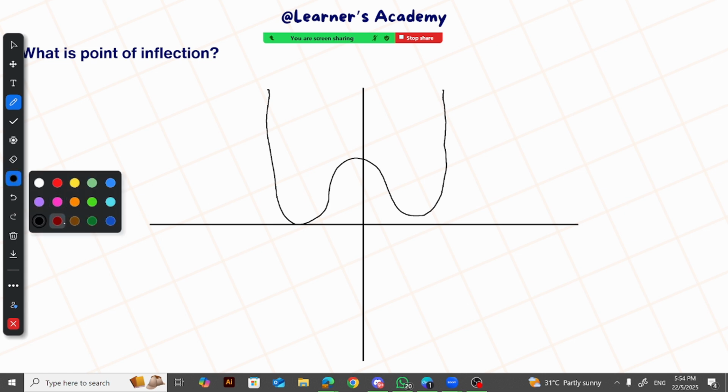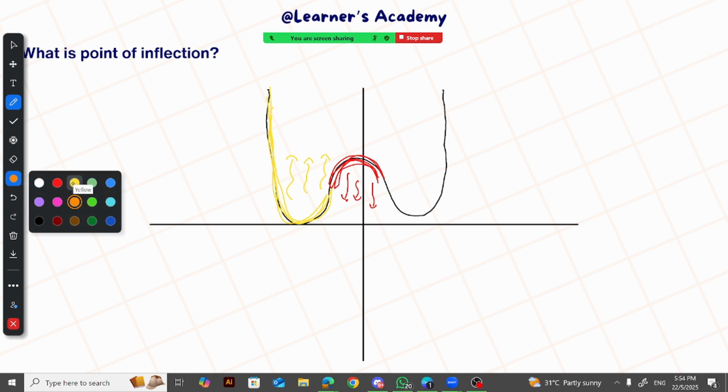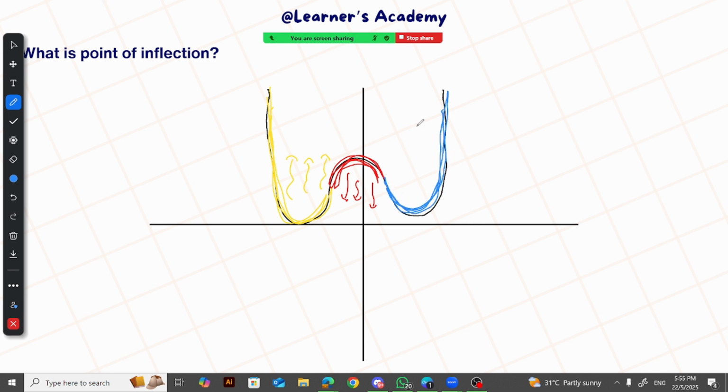If we break this down, we have this curve that is facing upwards, and then we have another curve that is facing downwards. And then after that, we have another curve that is facing upwards.